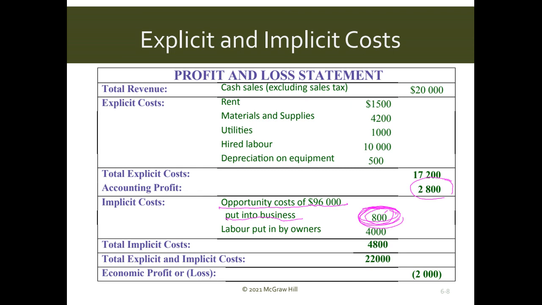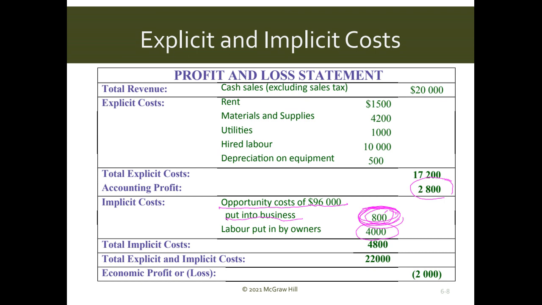And labor put in by owners. Owners are also working, because if owners had not been working in this business, they must have been working some other place, and therefore they must have been earning, let's assume, $4,000. So 4,000 plus $800 is the implicit cost.